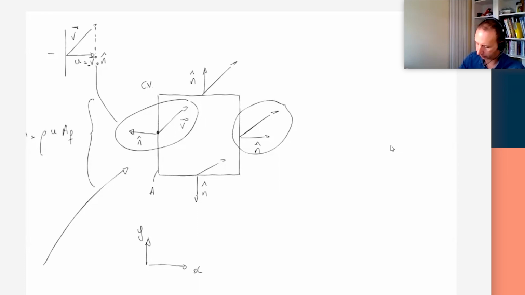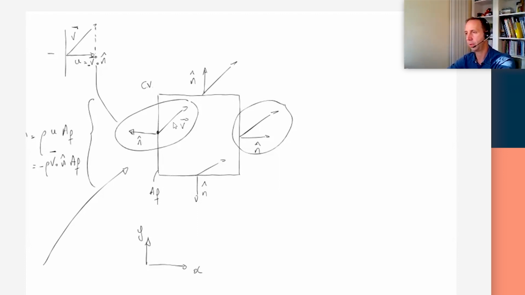We wrote it AF previously. So if we want a positive u, then that would be minus rho v dot n AF. Okay, different ways of writing it. But we know that v dot n is negative, so we put a minus in front to get a positive. So that u is positive in this case.